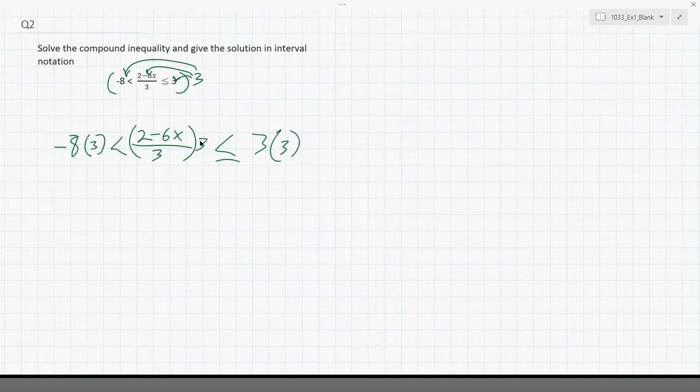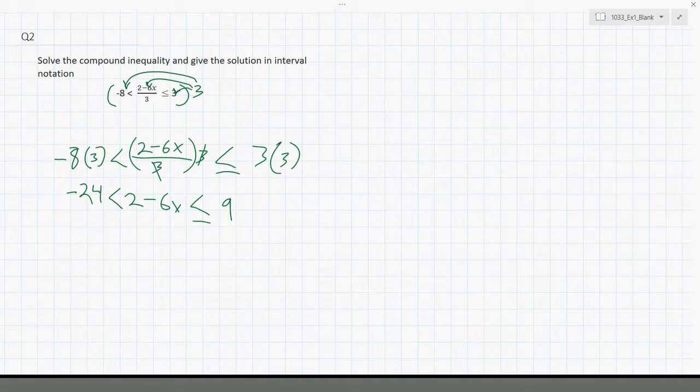Of course, in the center, this will cancel out the 3 and the 3. Then we'll go 8 times 3 is 24, so negative 24 is less than 2 minus 6x is less than or equal to 9. All right, with me so far? So at this point, now we're going to subtract 2 from both sides.